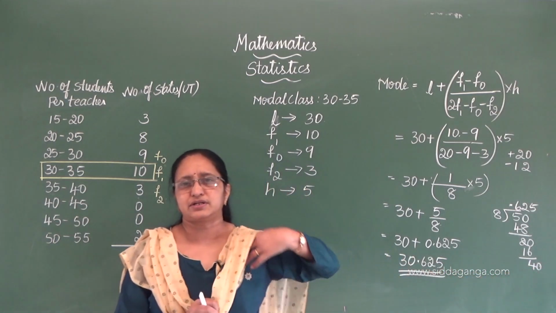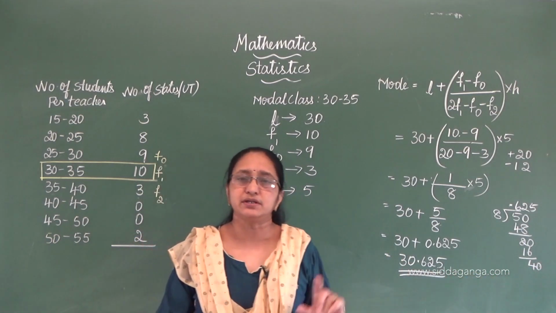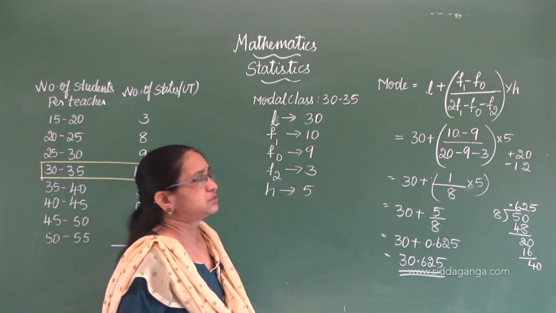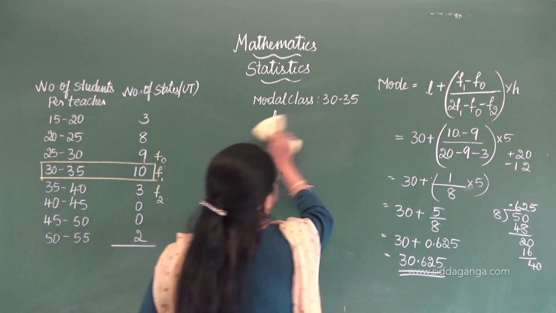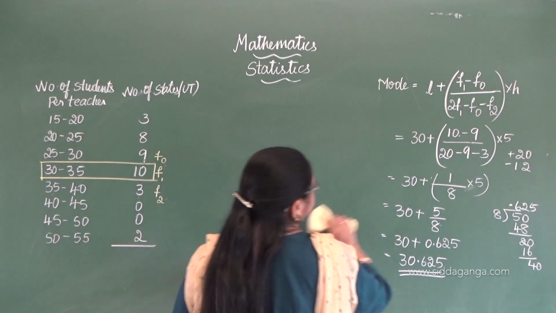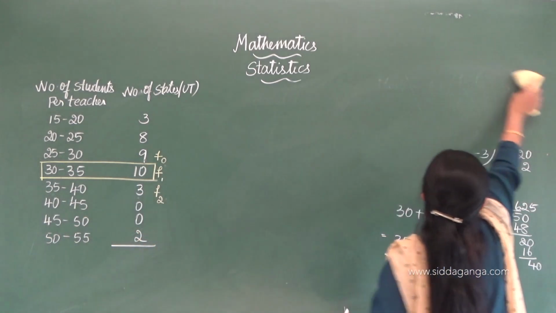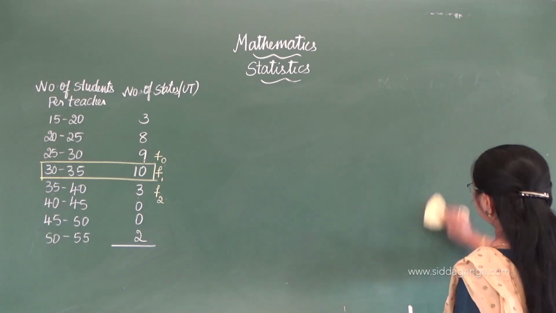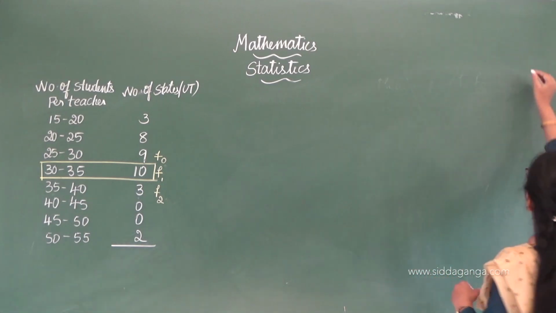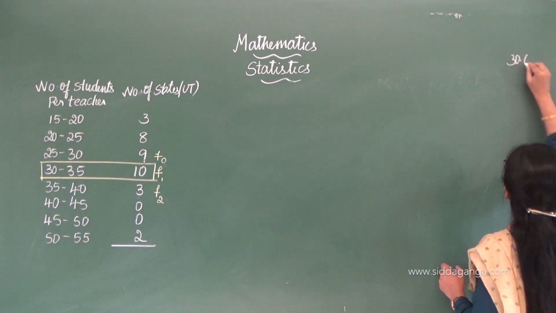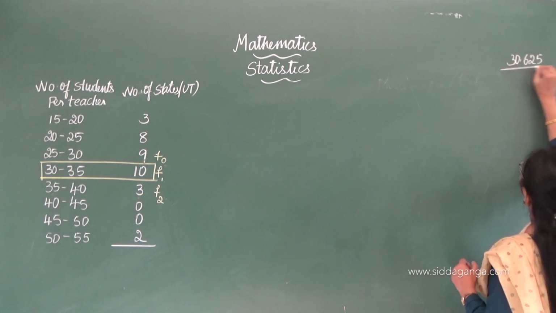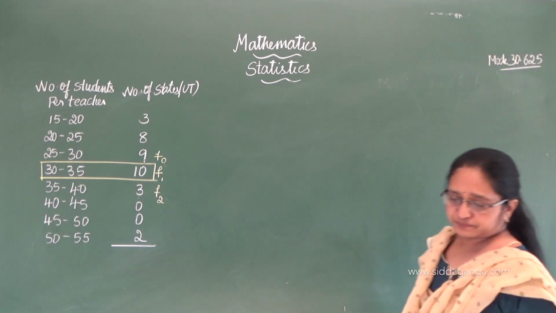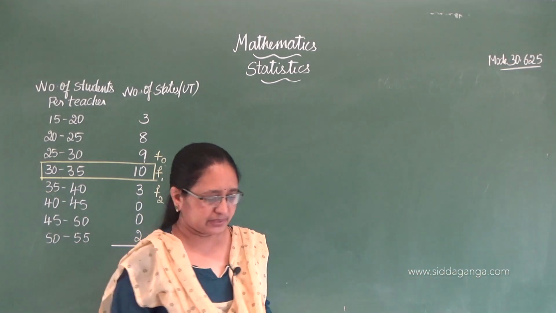That is how we interpret the result, and this is related to the mode. So I will write it here: 30.625 is the mode. Now let us find out the mean.